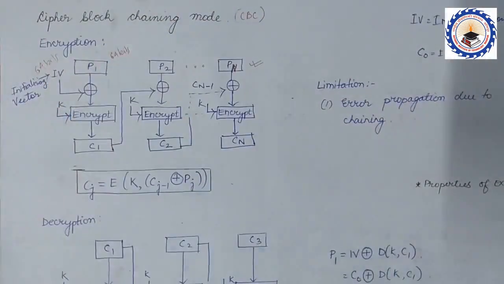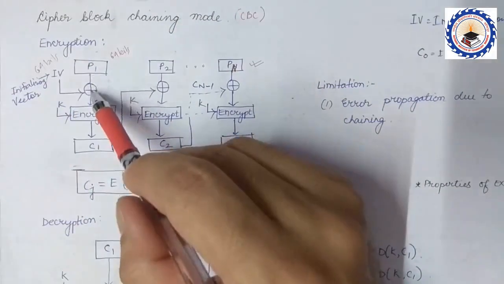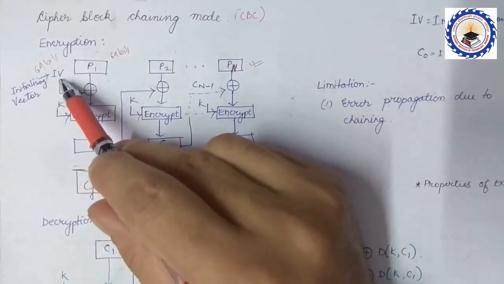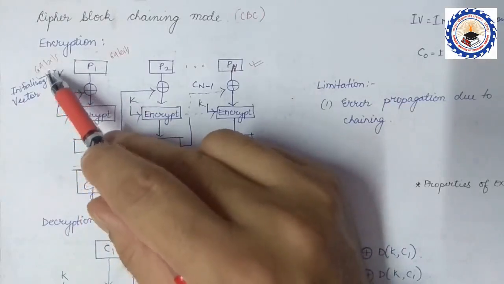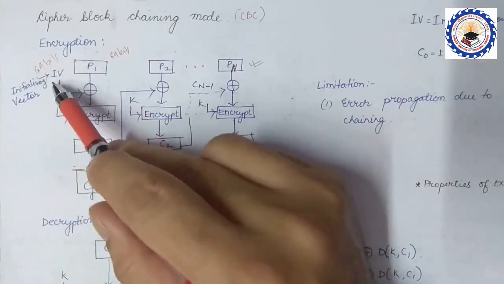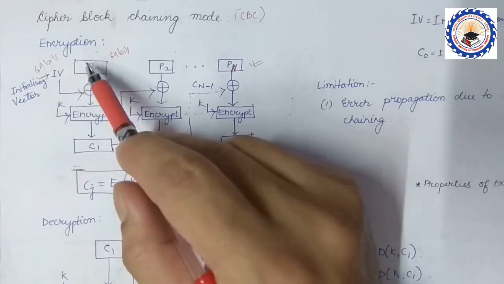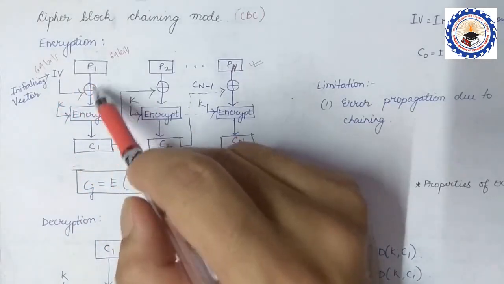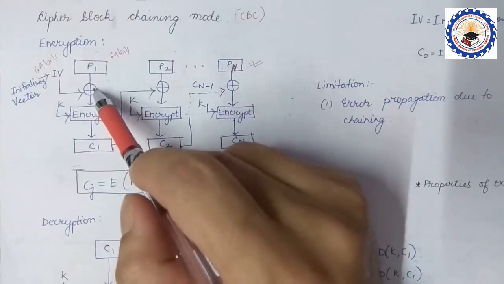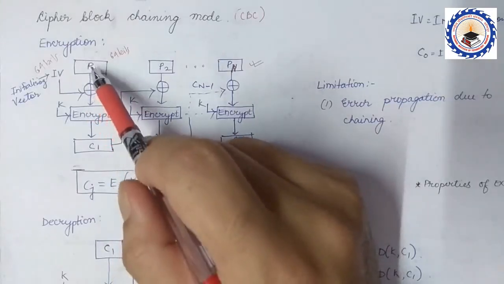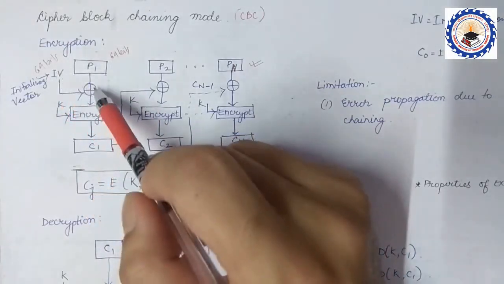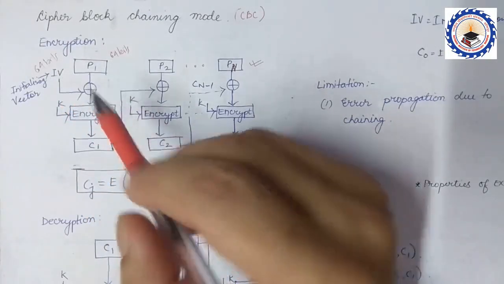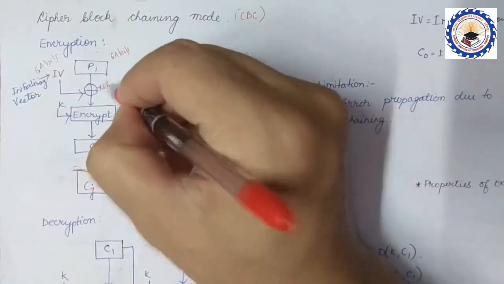We perform the XOR operation with the initialization vector, a predefined, well-known pattern of 64 bits. It must be the same size as the plain text block. Why? Because we have to perform the XOR operation. If the sizes of the blocks and the initialization vector are different, then we cannot perform the XOR operation.